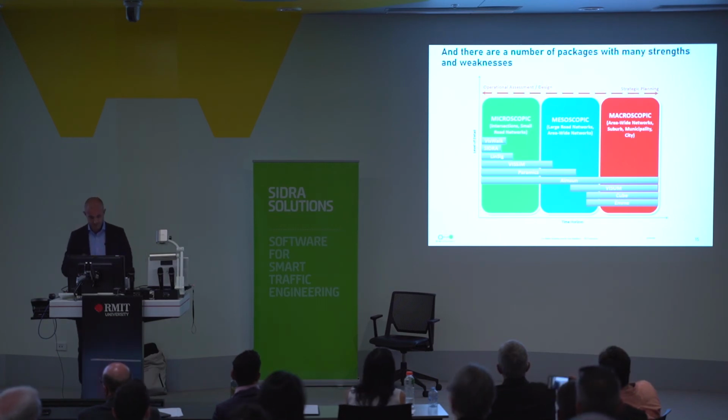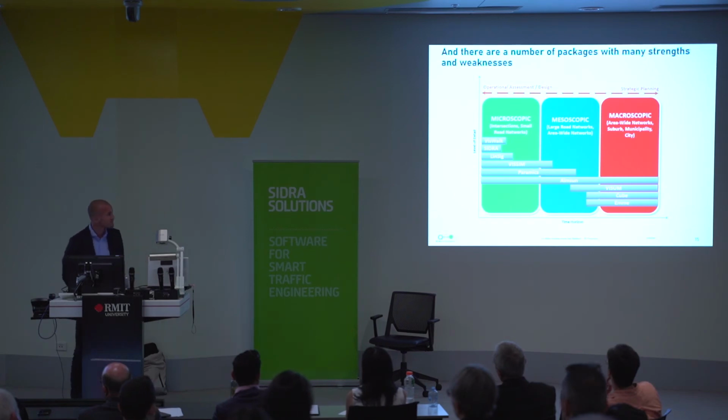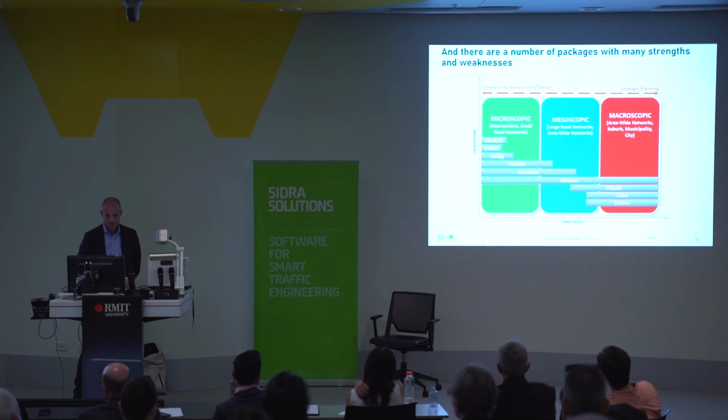There may be some variations in this, but one of the things I do find funny in my experience is the parochialism that we have in this country and with states. So every state pretty much has a preference for a particular type of software, particularly in the microsimulation, mesoscopic area, and even macroscopic area.